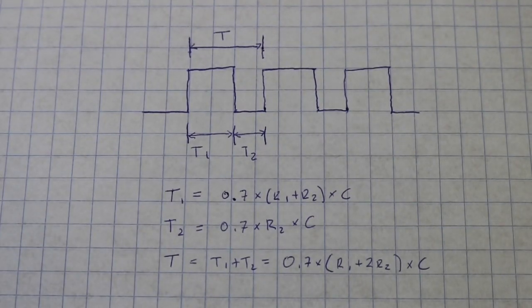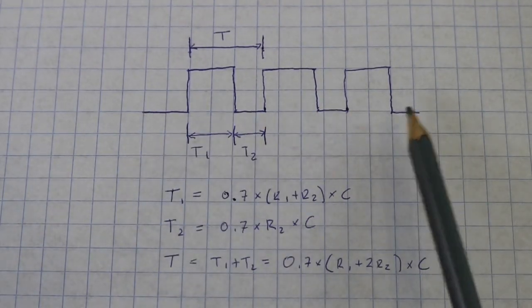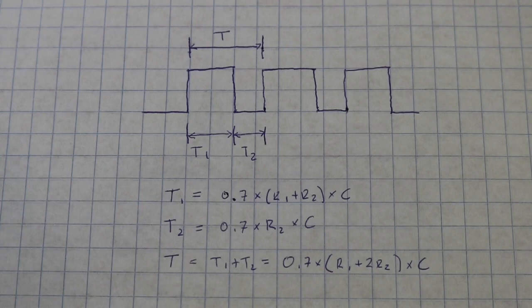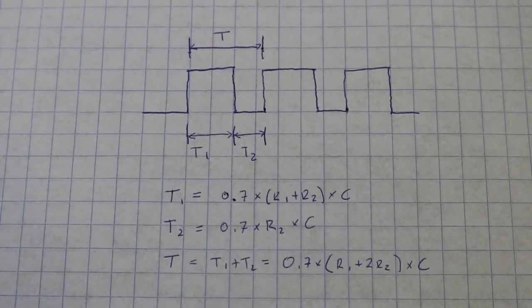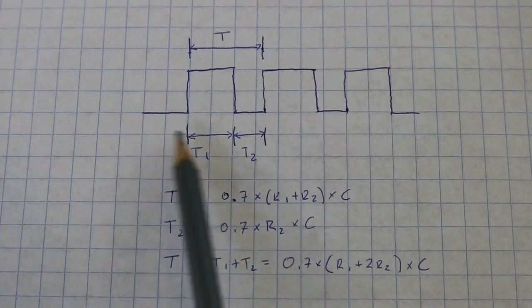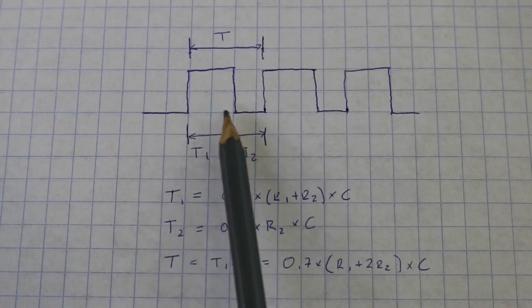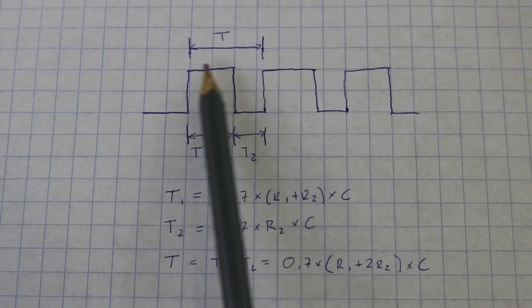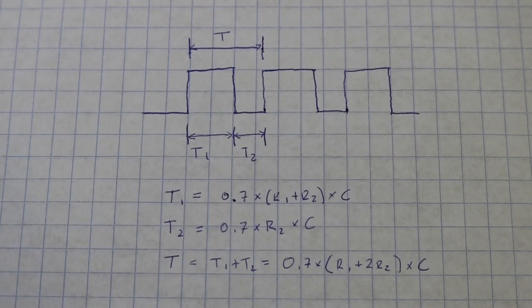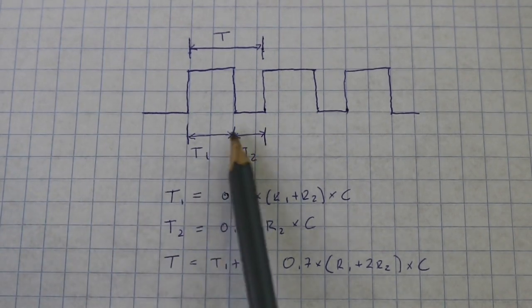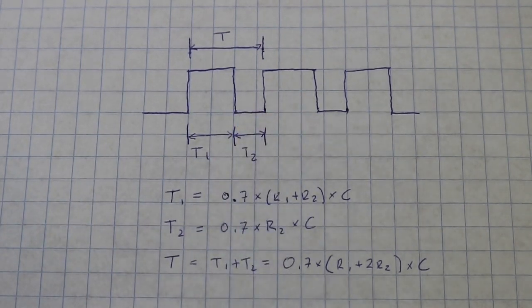The characteristics of the pulse train depend on two resistors and one capacitor. The train has two periods, T1, which is the time during which we have a certain voltage output, and another period T2 where the voltage is zero.